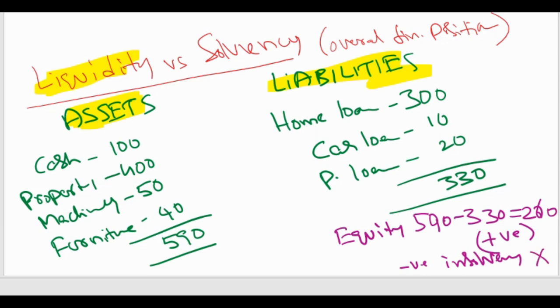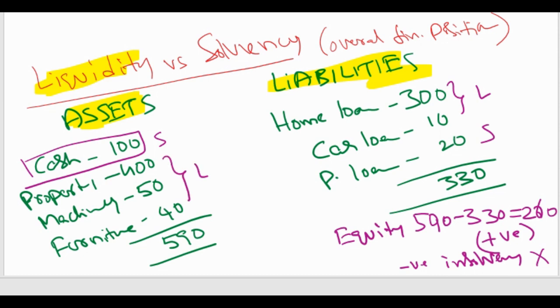So similarly, when you take liquidity, which are short term assets, let's take cash you have, which is short term, but other things let's consider as long term, and then here you consider these two as long term, and this is short term. So then what happens now?